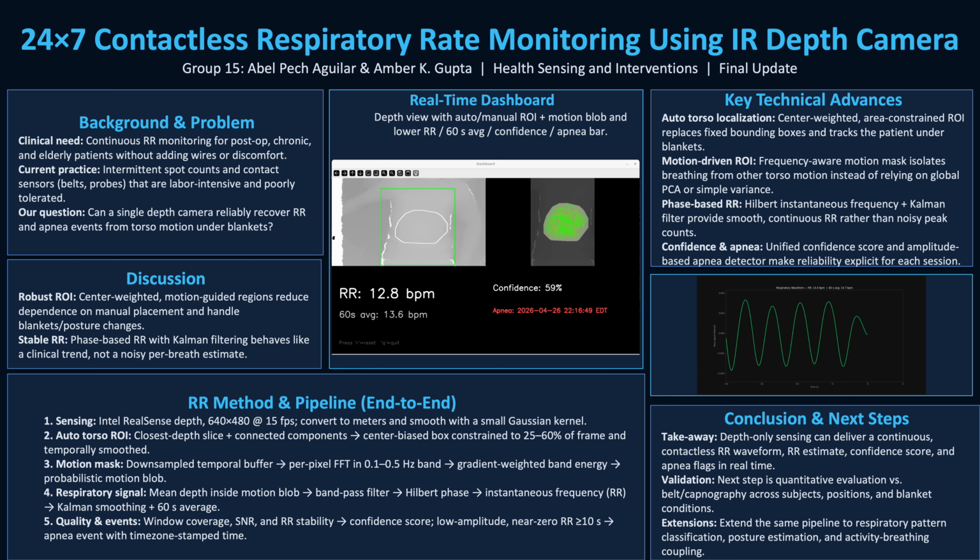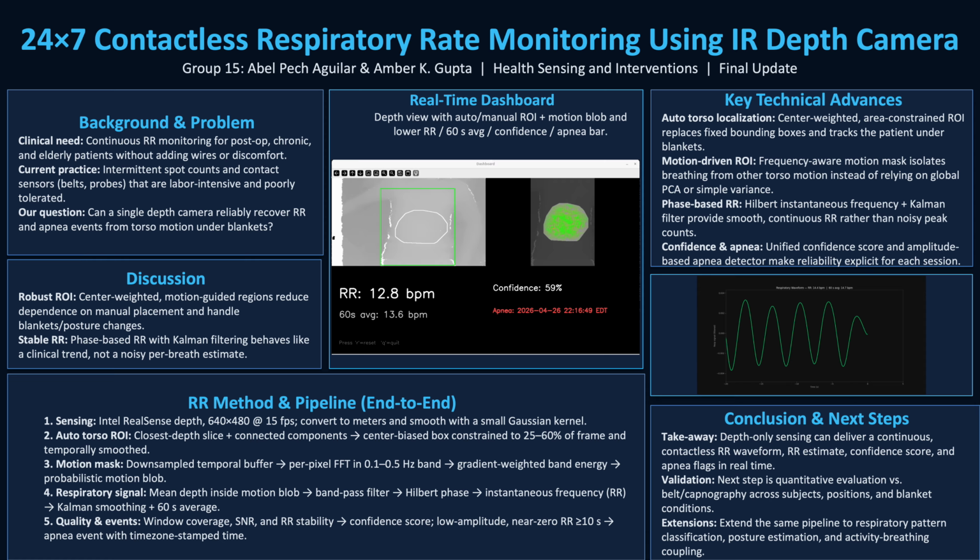That led to cells flickering from frame to frame and overemphasized high gradient edges. We also tested PCA breathing modes, hoping the dominant component across the torso would be respiration, but PCA mixed breathing with other motions from limbs and blankets. Those negative results pushed us towards the more structured pipeline on the poster.